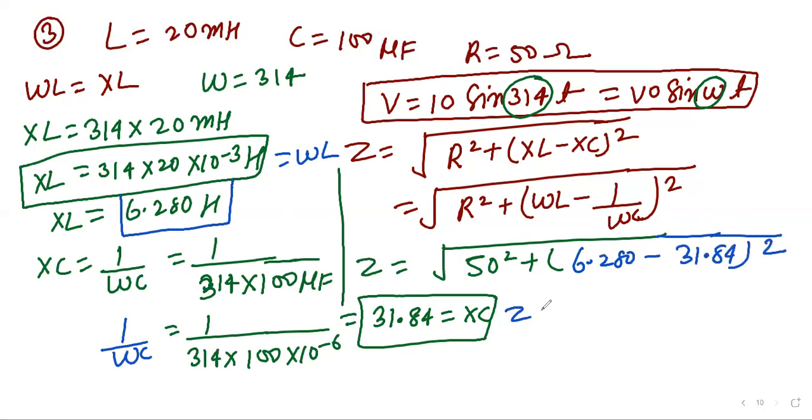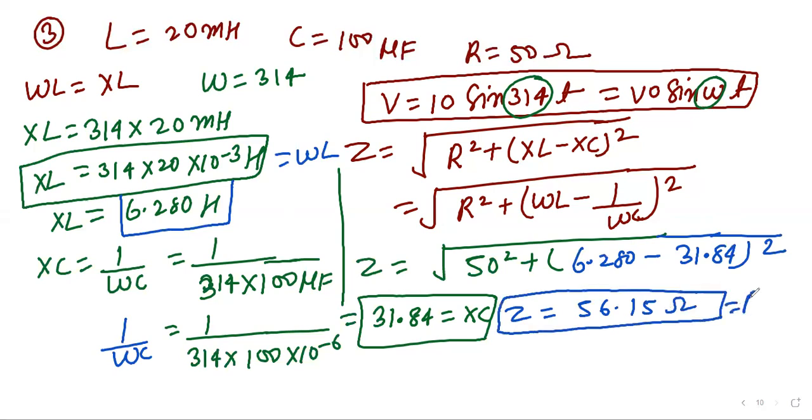Square that, and you will get the quantity as 56.15 ohm. Impedance is nothing but the resultant resistance.